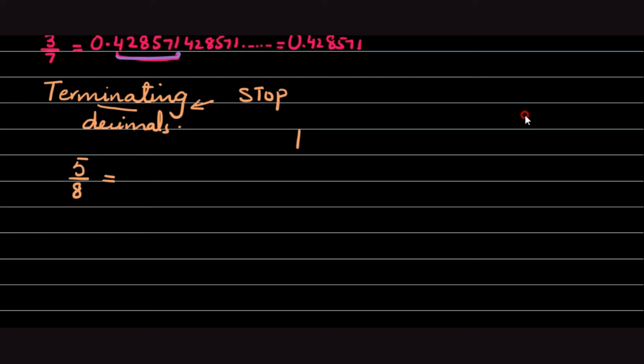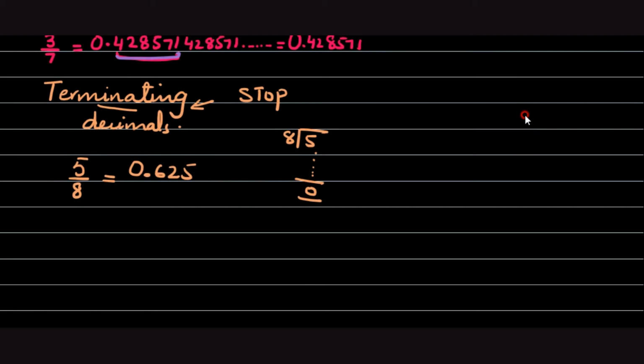Once you are dividing this number, you can get the answer 0.625, and definitely you will get 0 as a remainder. So that's why you can say they will terminate. They are not reoccurring any decimal number or value.